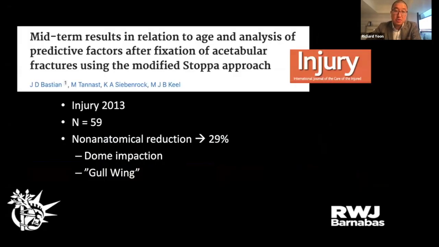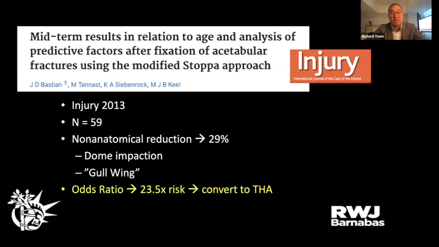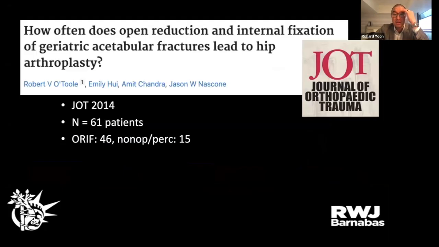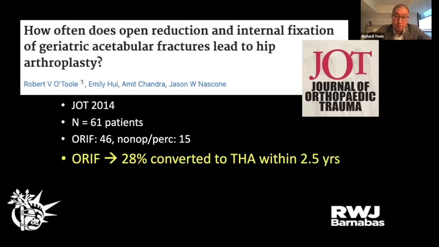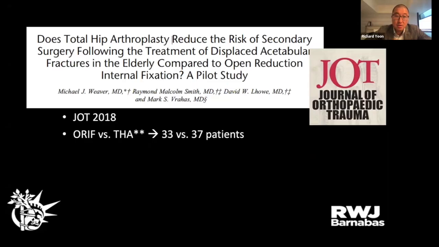This paper here, midterm results, Injury 2013, 59 patients, non-anatomical reduction was 29%. Patients had dome impaction and a gull wing sign. And the odds ratio was almost a 24-fold risk of conversion to THA within 2 years. Another study out of Shock, 61 patients almost 10 years ago, comparing ORIF versus non-op and percutaneous fixation. 28% were converted to total hips within 2.5 years.